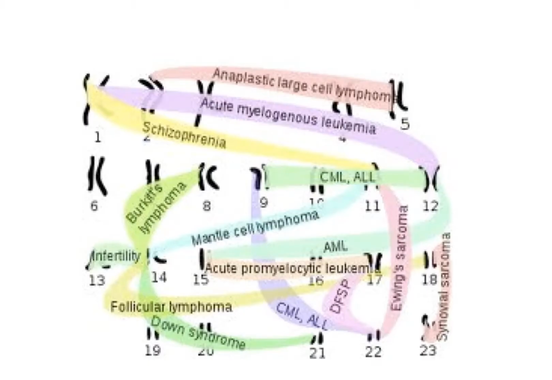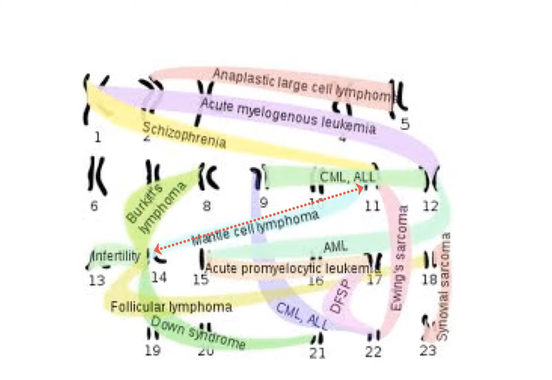Here's a map of the 23 chromosomes of humans and showing some of the crossovers that lead to different types of genetic disorders, including this one between chromosome 8 and 14, which cause that Burkitt's lymphoma.